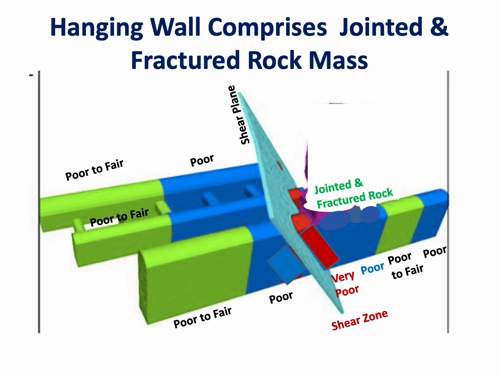Because of the presence of this shear zone, this became a footwall and this became hanging wall. And this hanging wall comprised of the jointed and fractured rock which was resting on the shear zone.